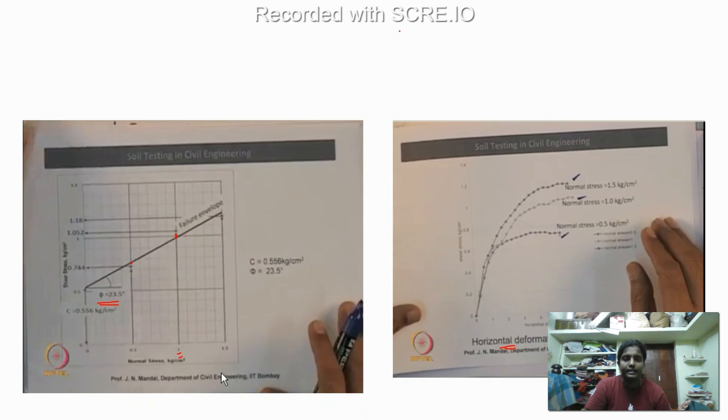Generally, for loose sand your failure plane will be like this, and for a dense sand you have a pronounced peak. So this kind of behavior we find out only from this graph. You can see how the soil has undergone failure, how its failure pattern is. So horizontal deformation versus shear stress, we can plot it.